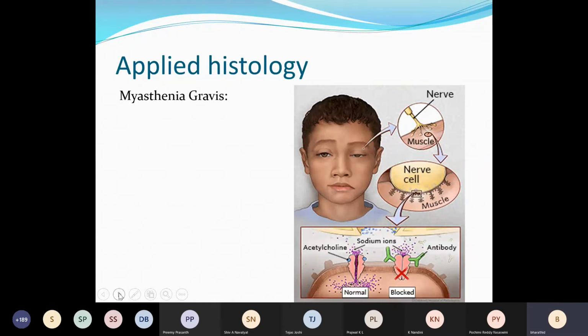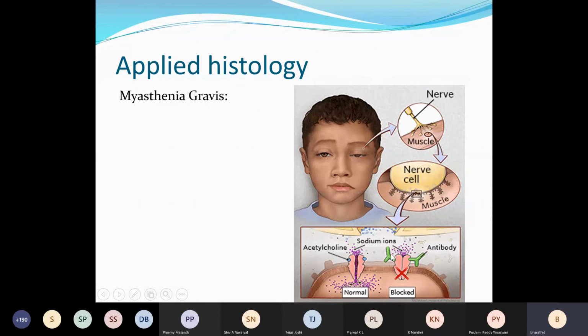Now, what happens if there is an autoimmune disorder of thymus? It results in a condition called myasthenia gravis. At the neuromuscular junction, normally acetylcholine is released.